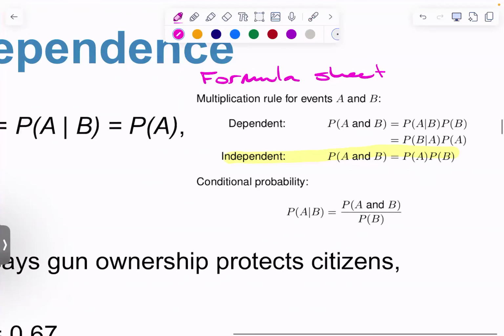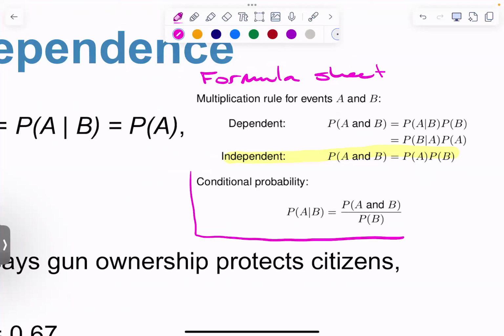This is really the only formula that you'll need, which is the conditional probability.